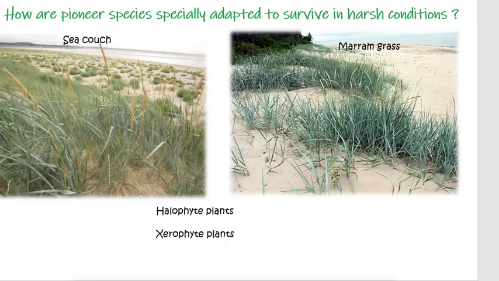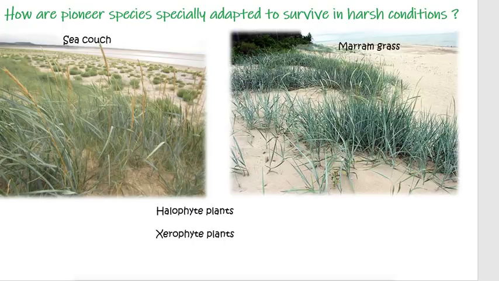That can be either in the air or in their roots. So they can tolerate being submerged at high tide or having salt spray kicked up by the sea. So halophytic plants can tolerate salty conditions.